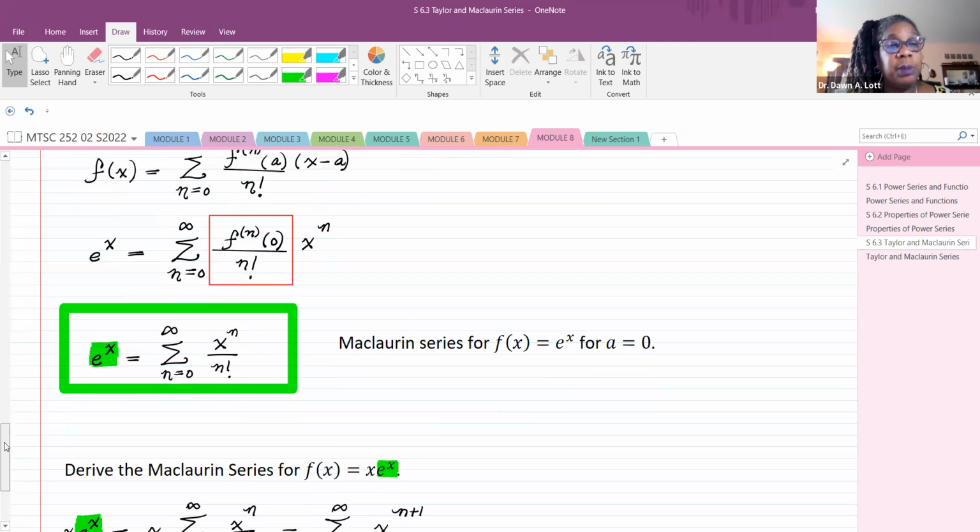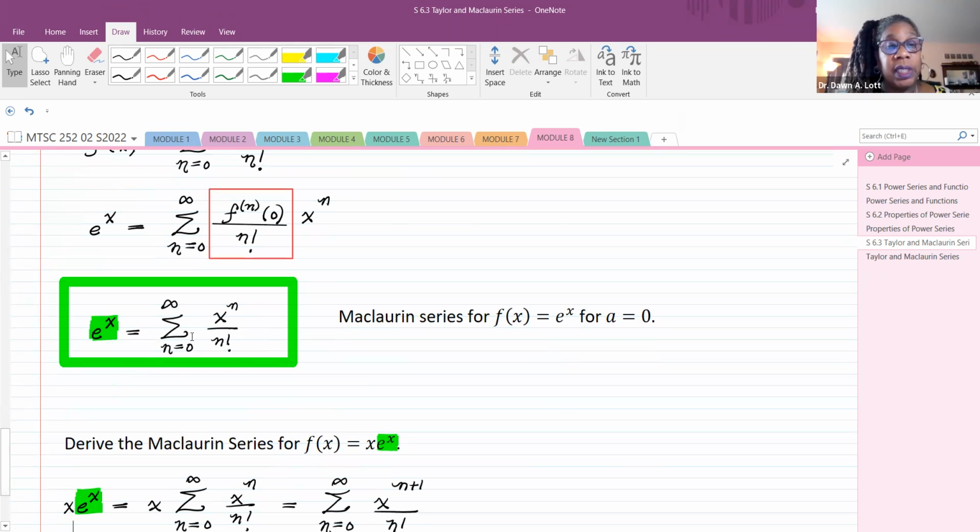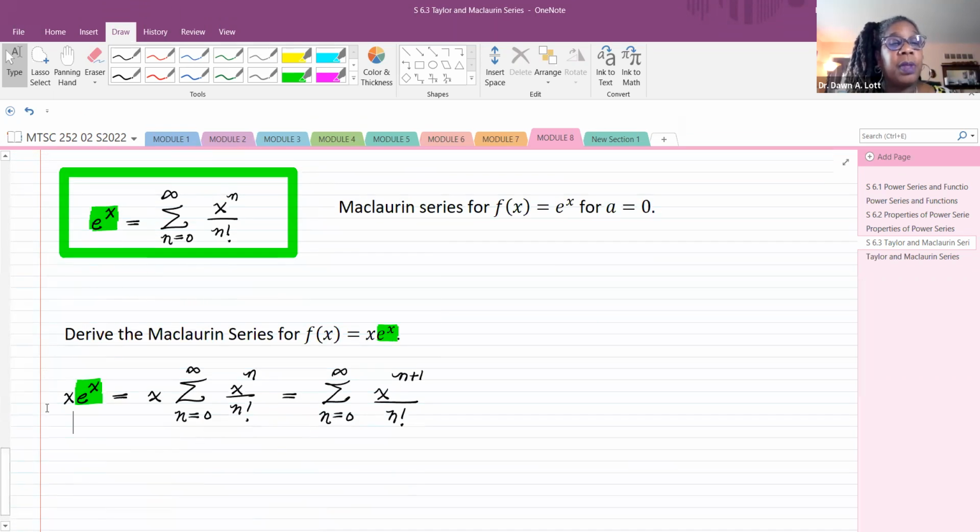And then I can multiply what we know by x. Since x doesn't have any n's in it, I can push it through the sum and make this now x to the n plus 1. So this now becomes the Maclaurin series for x e to the x without me having to do a table in order to get that. Okay.